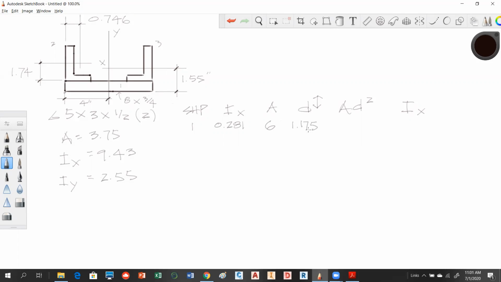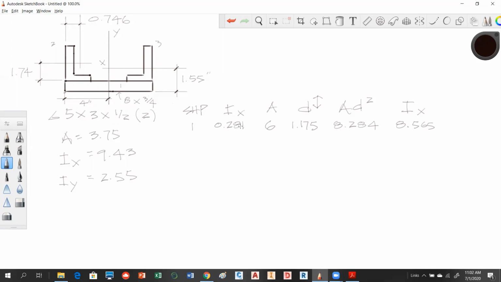We're going to square that times 6. It's going to give me 8.284, to which we will add the small incremental value there. Gives me a total for that shape of 8.565. Most of the resistance is coming from the fact that it's displaced from the centroidal axis of the composite.